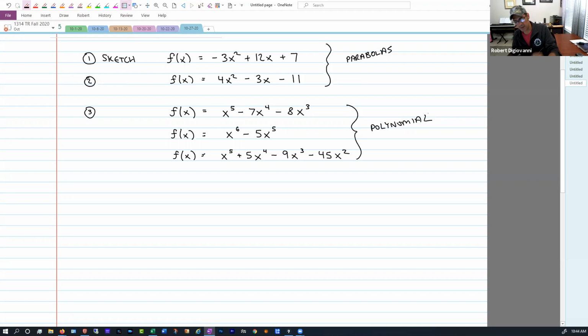We had a set of steps to sketch those, right? You figure out the degree, the leading coefficient, find your left and right hand behavior, find your x-intercepts, and then we talked about the touching and the crossing, right? And then we draw our picture. So that's numbers 3, 4, 5, and then 6, 7, and 8.